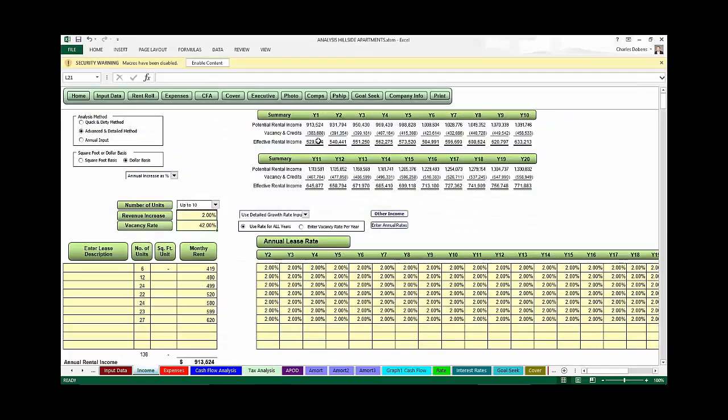Go here. This number has to equal 647. Let's redo the vacancy. 647, pretty close. 647, let's do 29%. 647, okay, so it's 29% vacancy rate.